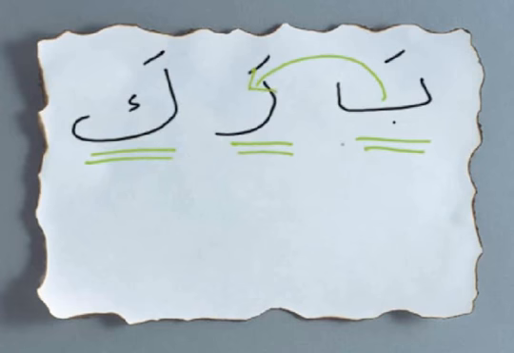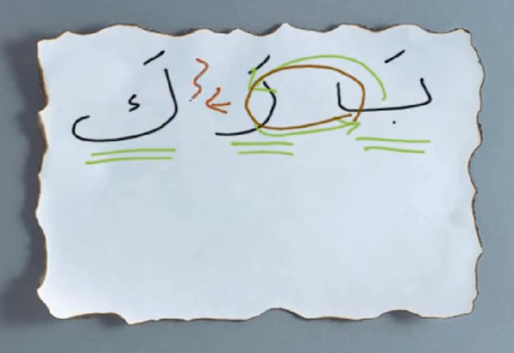All right. Now, firstly, the ba and the ra do connect with one another. So, that's the first thing. But, as we know, the ra is antisocial and does not like to associate with those in front of it, and therefore doesn't connect with the kaf.